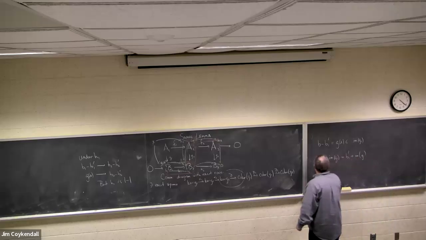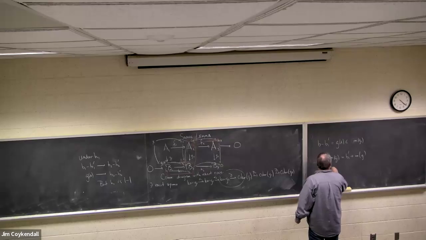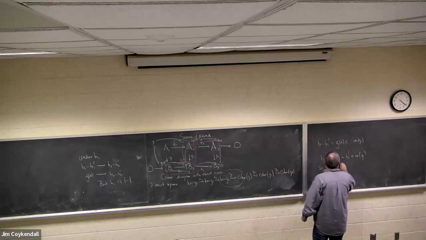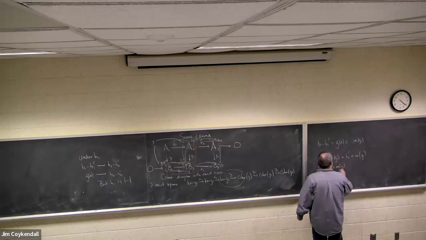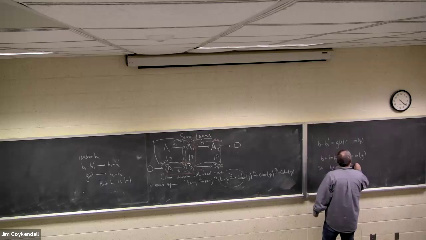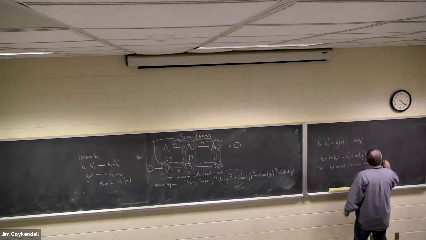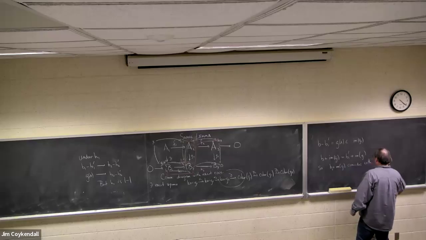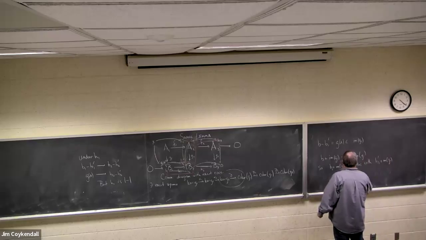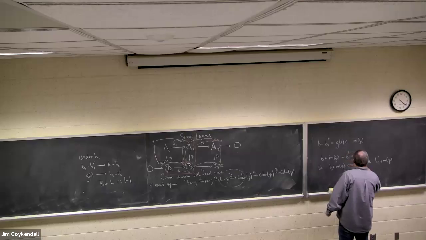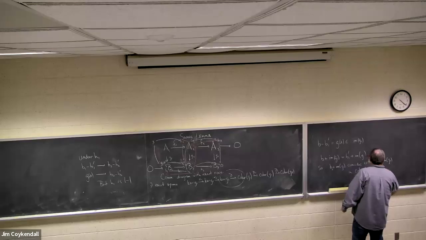So the coset B1 plus image of G1 coincides with B1 prime plus image G1 in the co-kernel of G1, which is B mod image G1.